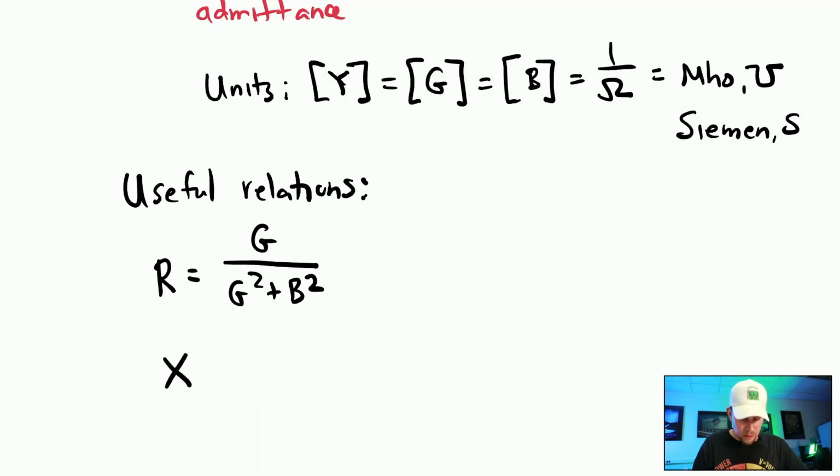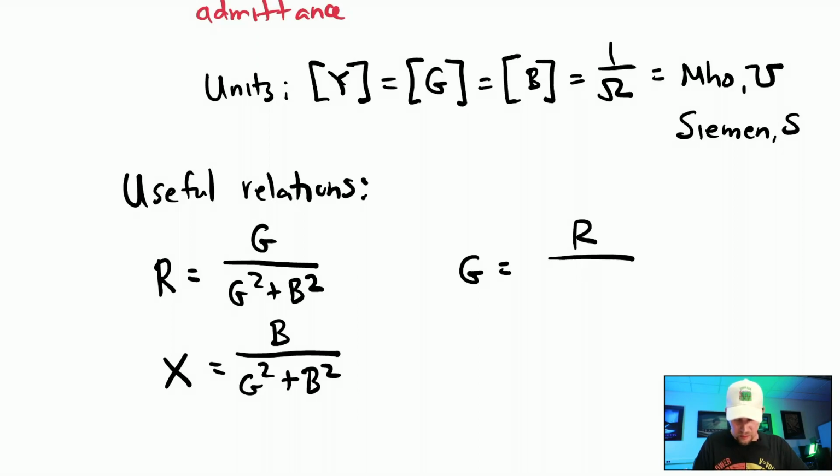Similarly, the reactance is B divided by G squared plus B squared. And the inverse transformations are G is equal to R divided by R squared plus X squared. And lastly, B is equal to X divided by R squared plus X squared.